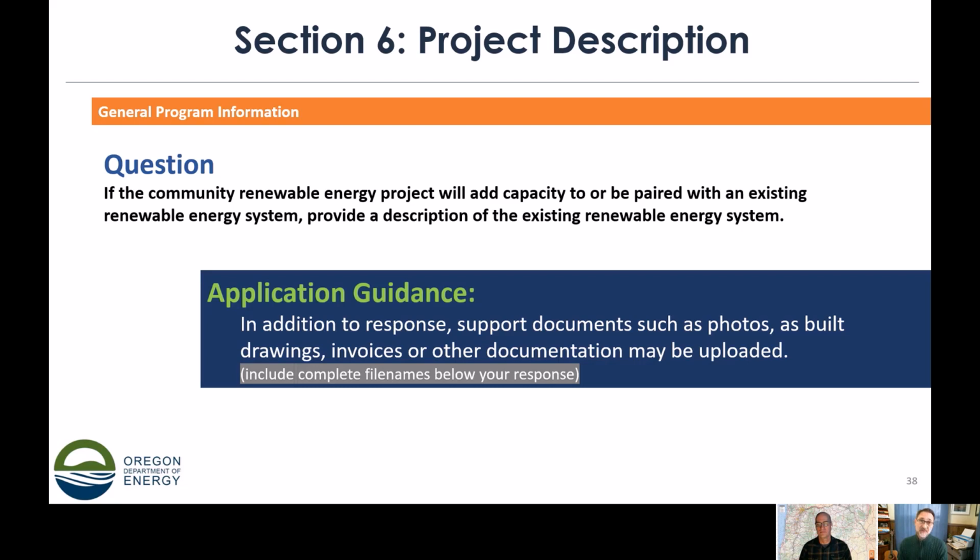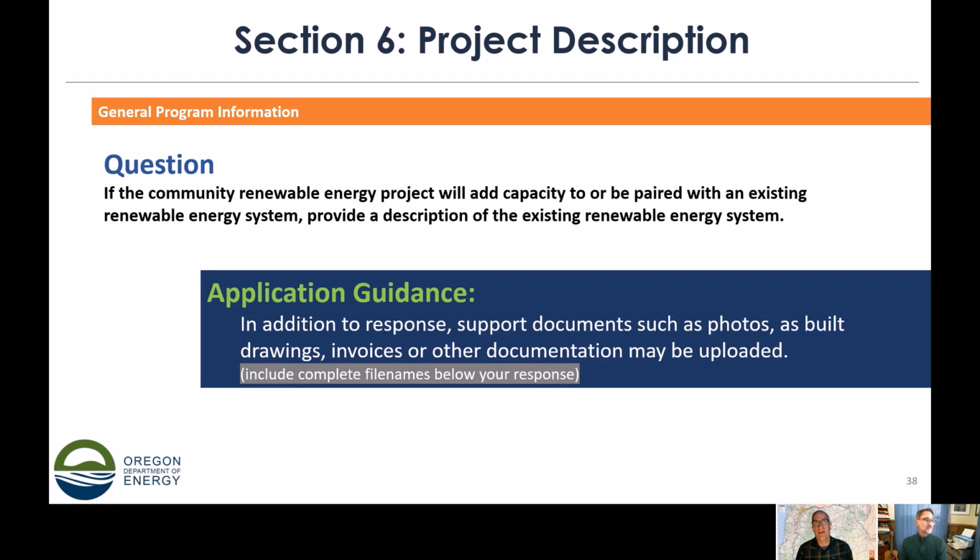We just want to know more details about that particular system. You could even strengthen this by uploading existing photos, as-built designs, or any of those types of supporting documentation or materials. Clay, do you want to add anything here?